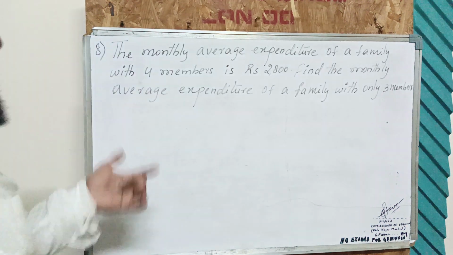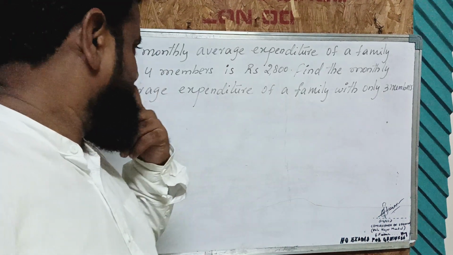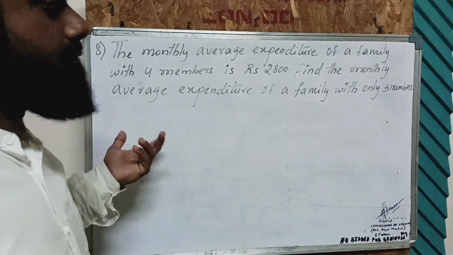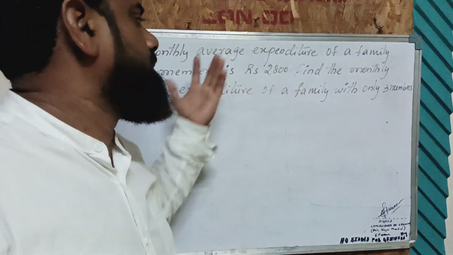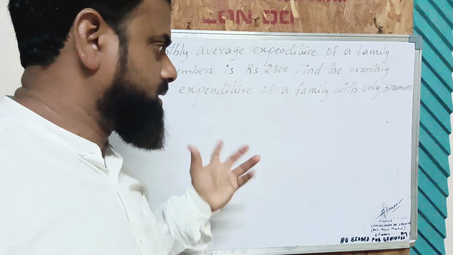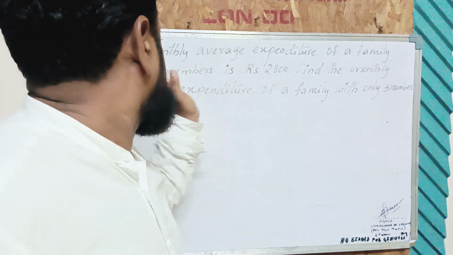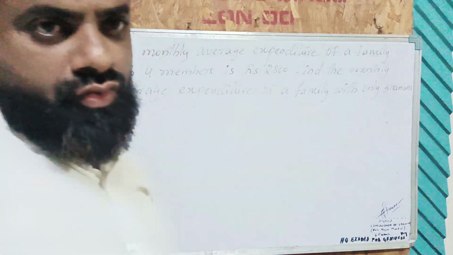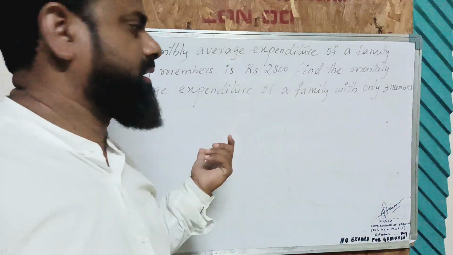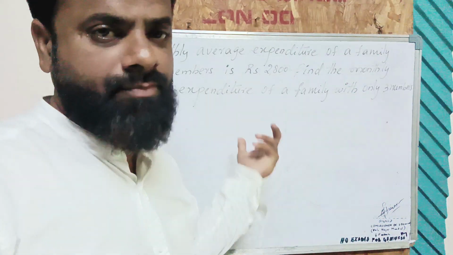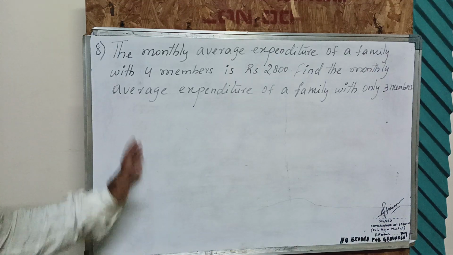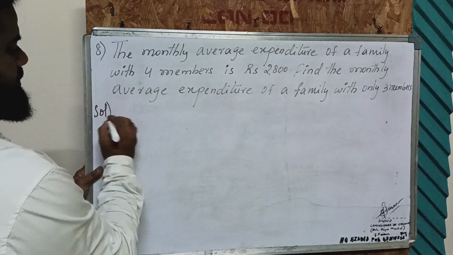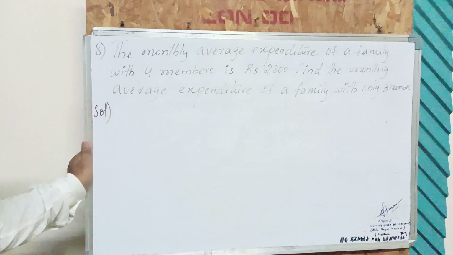Supposing for going somewhere, it is costing rupees 2,800 for 4 members, and let us say one member got dropped or one member got added, so the number of members changed from 4 to 3 or from 4 to 5 or 6. How much amount do you have to carry for a particular picnic? You can apply this concept there also. Okay, so let's do this one again. This one is also an example.